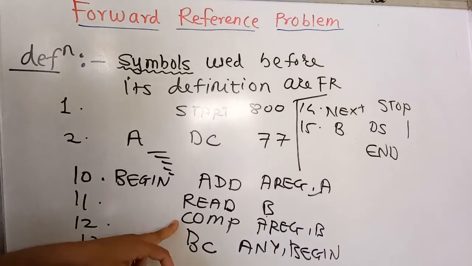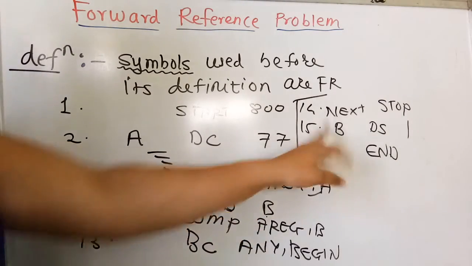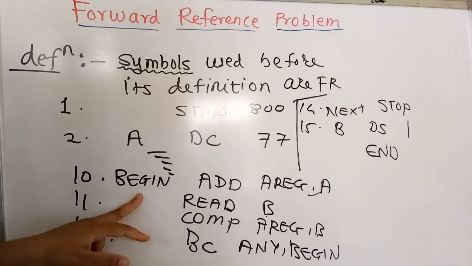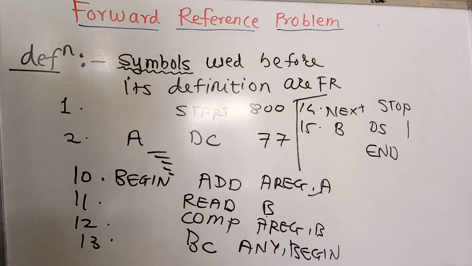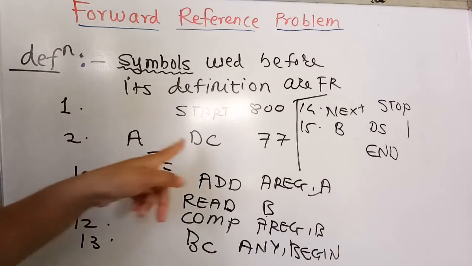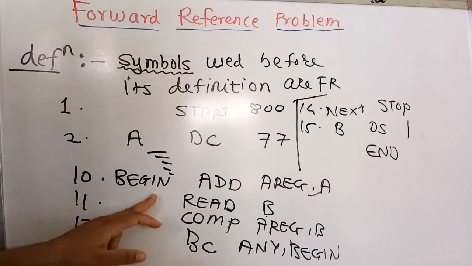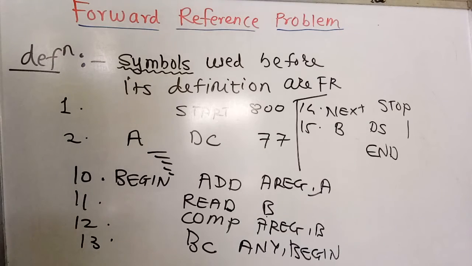So it is a forward reference, because it is used but not yet defined. NEXT also has the same mechanism. But BEGIN and A are not called forward references, because A is declared as a declared constant, and BEGIN is used here but its definition is given here. So it is known as the forward reference problem.